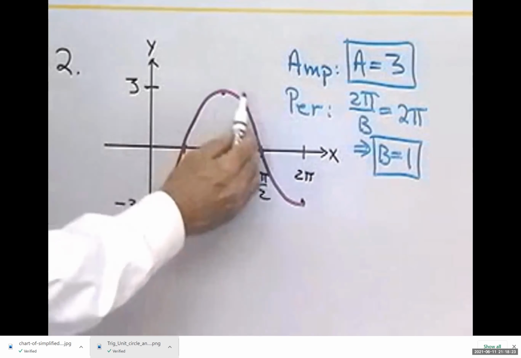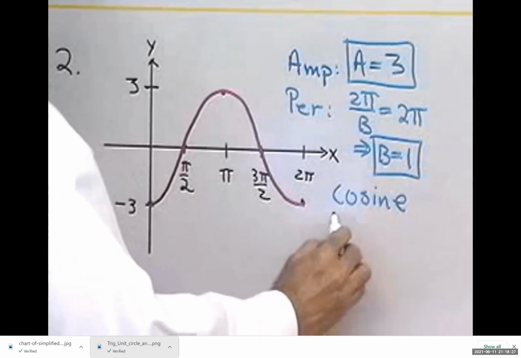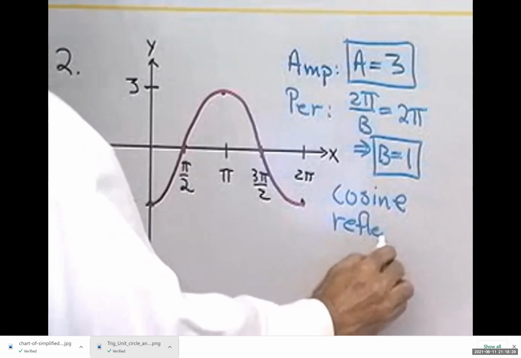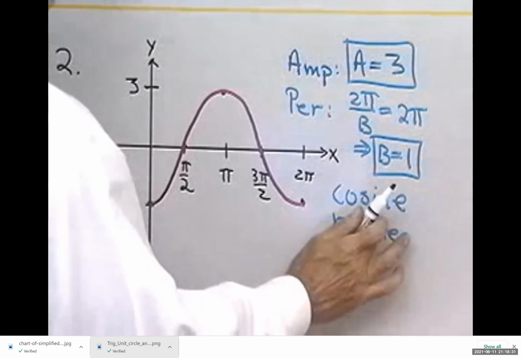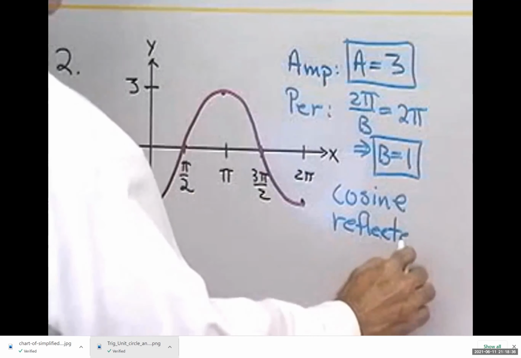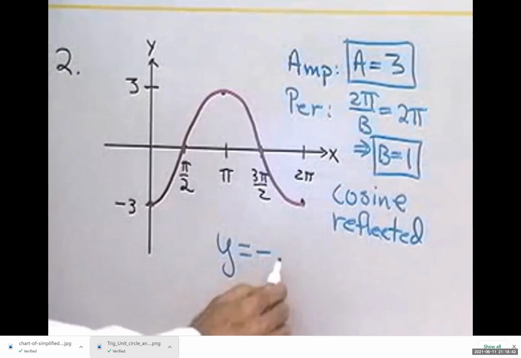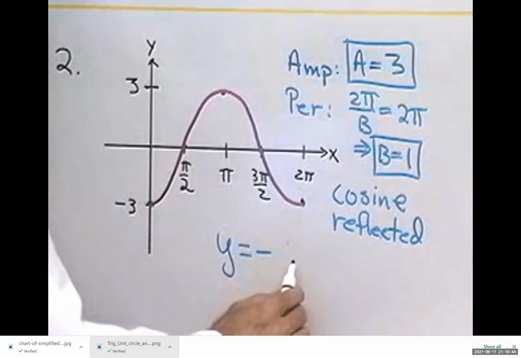I'm going to say that this looks like a cosine curve that's been reflected. So the graph is a cosine curve that's been reflected, so it's going to be y equals, I'll put a negative sign in that will reflect it.